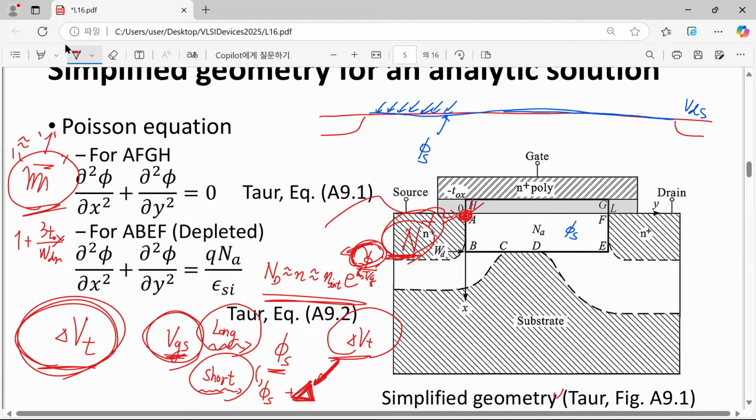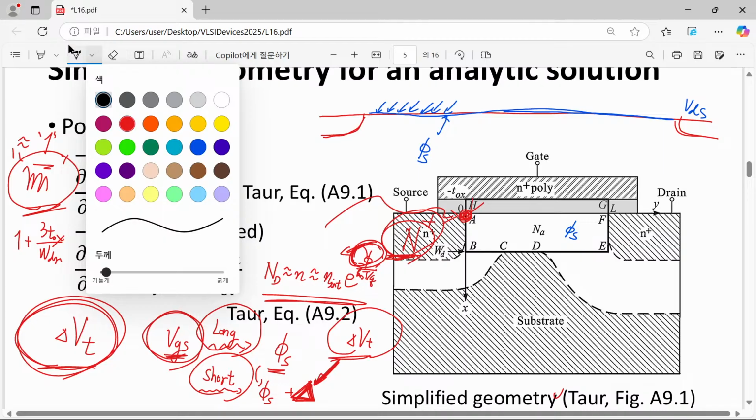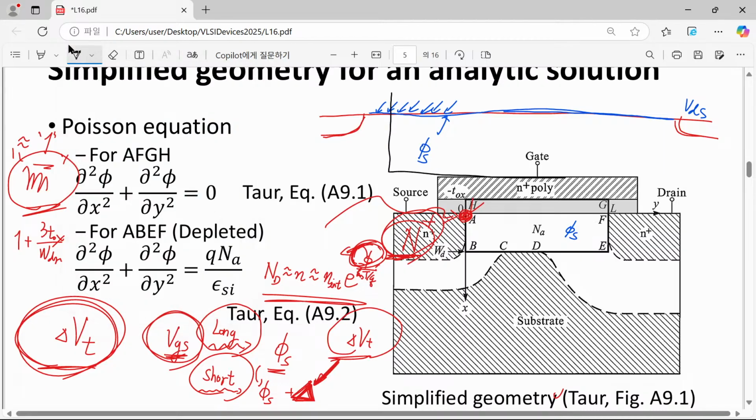Previously, when we considered a long channel, it was really justified quite well because source and drain are far away from the main body of our transistor channel, and what we can say is that, at least for this part, the effect of the source and the effect of the drain can be neglected.